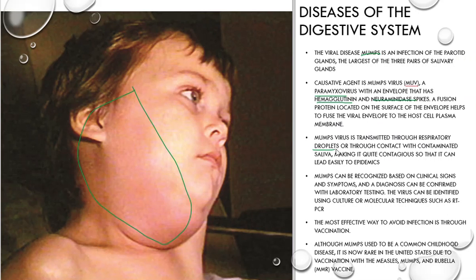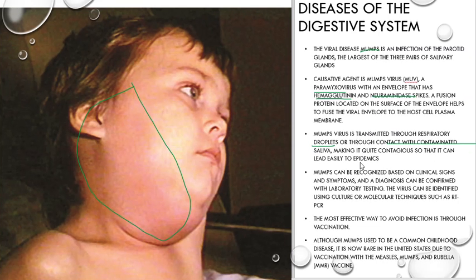Fusion protein helps to fuse the viral envelope to the plasma membrane of the host cell. This is spread by respiratory droplets and contact with contaminated saliva. It's easy to get into epidemics with this. We have a vaccine for this, which anybody with any sense will use. Clinical signs and symptoms, diagnosis confirmed with laboratory, virus identified with culture or polymerase chain reaction.